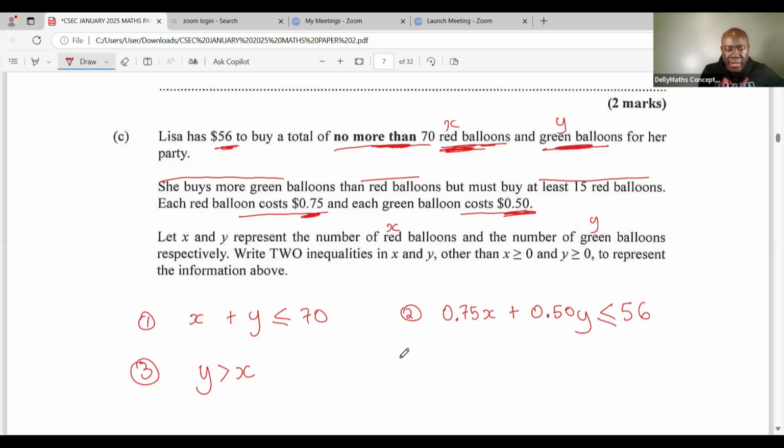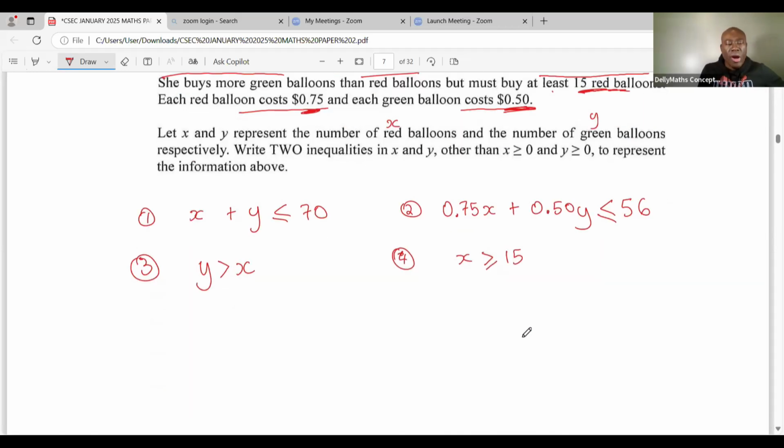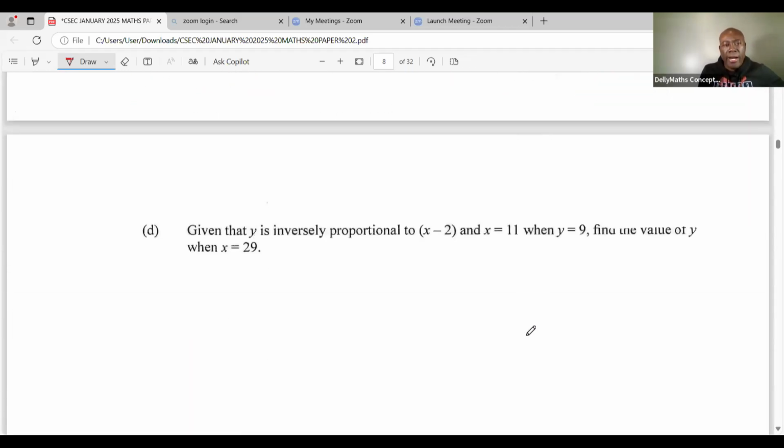The last one, number 4, says she buys at least 15 red. Red is x, so x must be greater than or equal to 15. So these are 4. You only needed to write 2 of these, so any 2 here, you're good to go to get full marks.